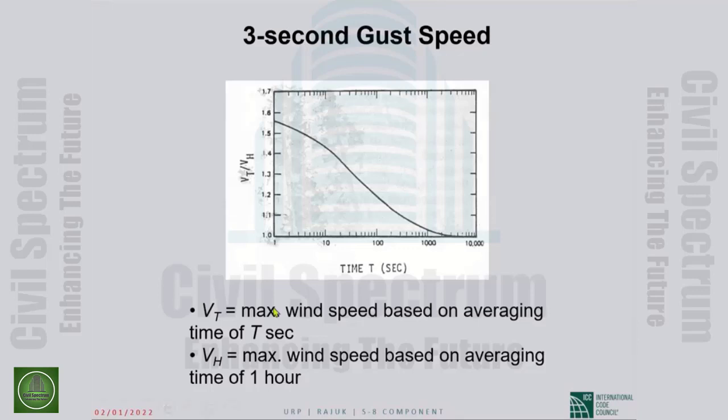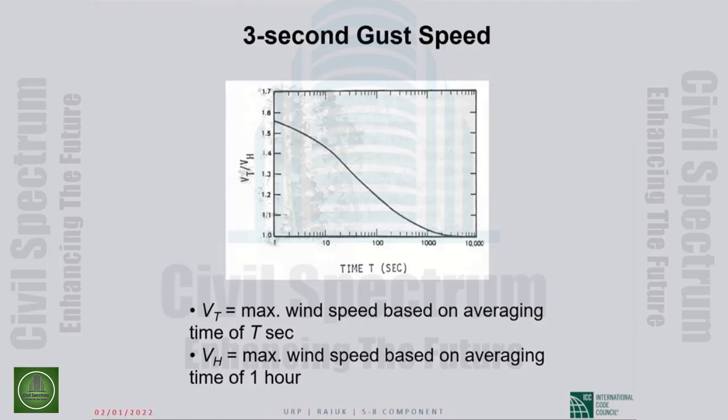So this figure tells you 1 second gust speed is 155% of 1 hour wind speed averaged over 1 hour. Okay, the averaging time goes down from an hour to 1 second.